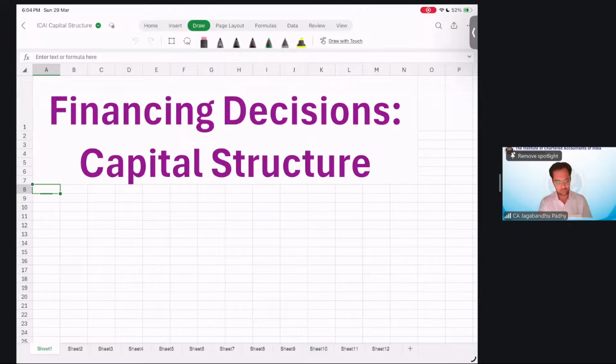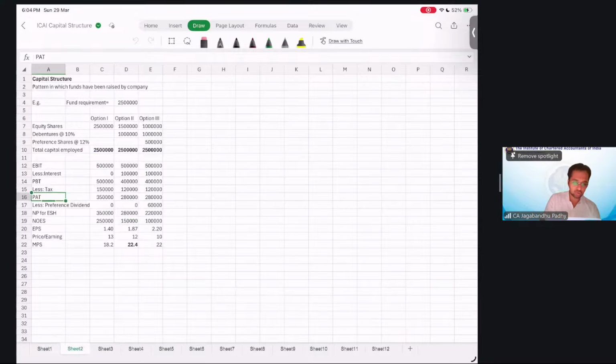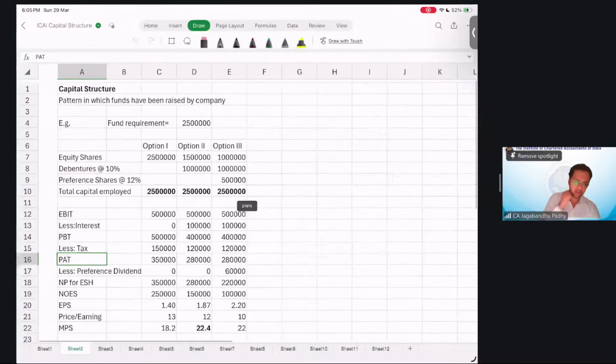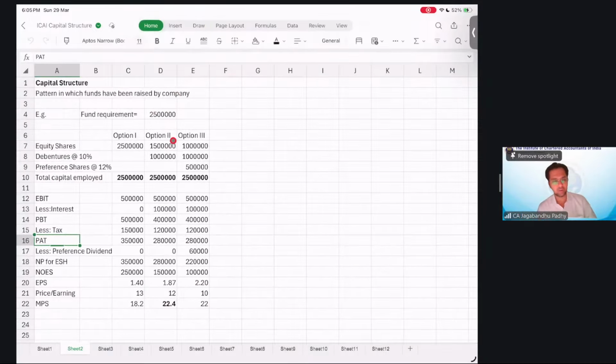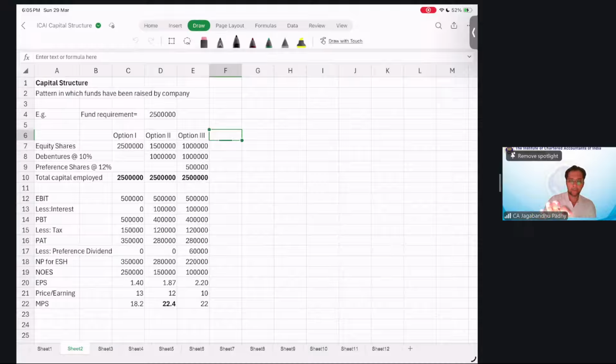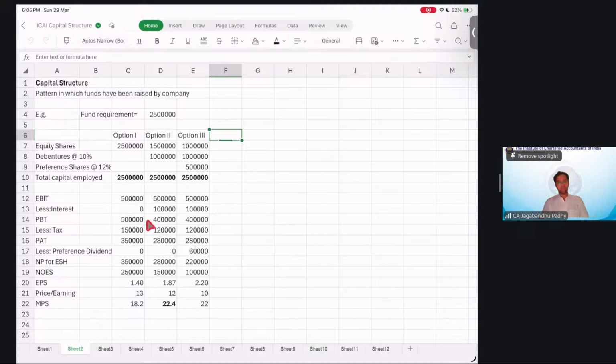So let's quickly run through the concept of capital structure problems. We'll do a few questions on that, and then we will go back to capital structure theory revision, and then we'll do certain problems. In a typical capital structure pattern, if you want to know which plan should be chosen, we normally select the plan which offers the highest EPS.